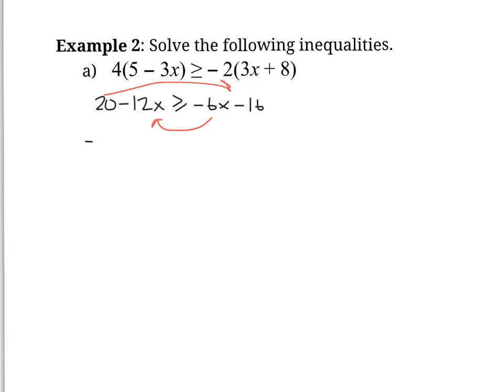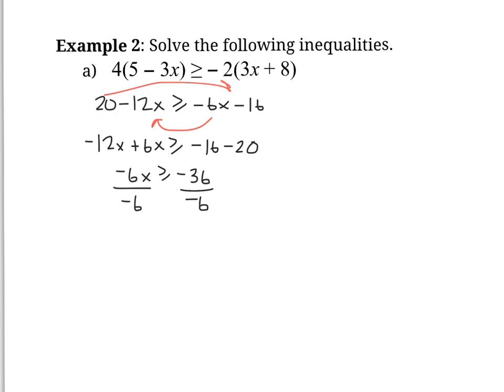So we're going to have negative 12x plus 6x is greater than or equal to negative 16 minus 20. And then we have negative 6x on this side. We've got negative 36 on this side. We can divide by negative 6 and divide by negative 6.